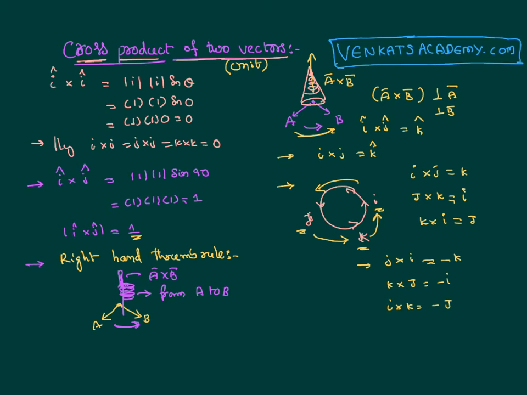This is the basic rule that we can use to find the cross product of any two given vectors, and the resultant cross product is a vector whose magnitude is a bar cross b bar equals ab sin theta, and it has a direction, which is found using either the corkscrew rule or the right hand thumb rule, right? Thank you.